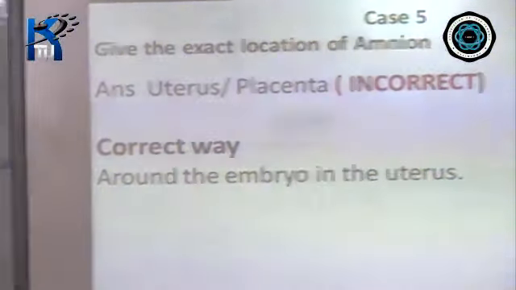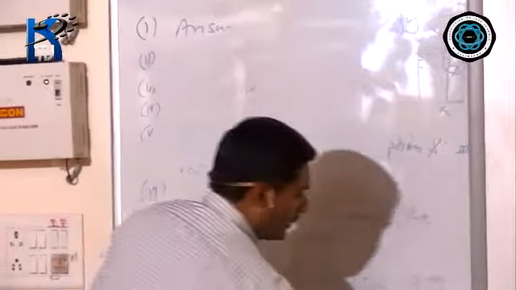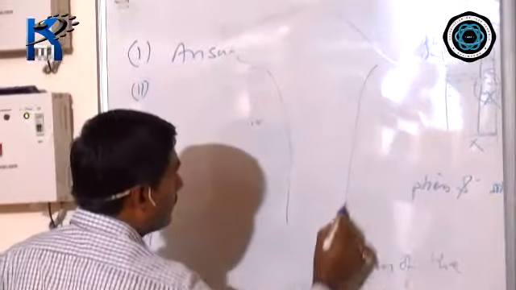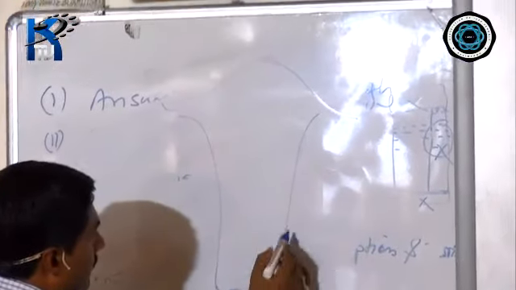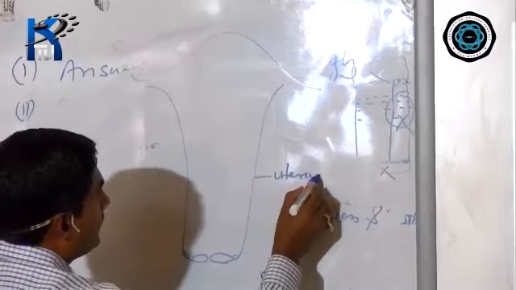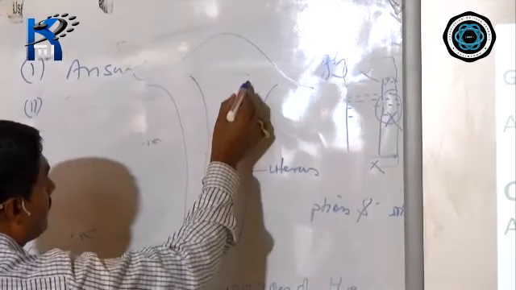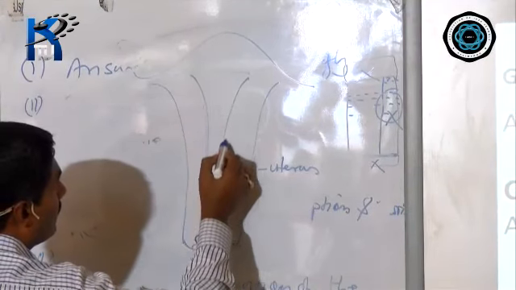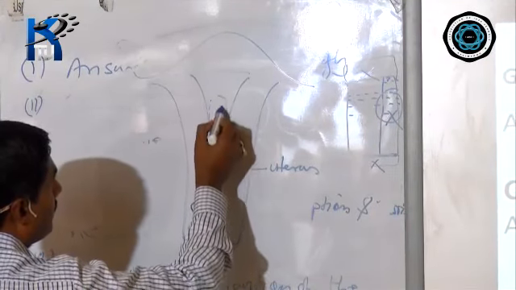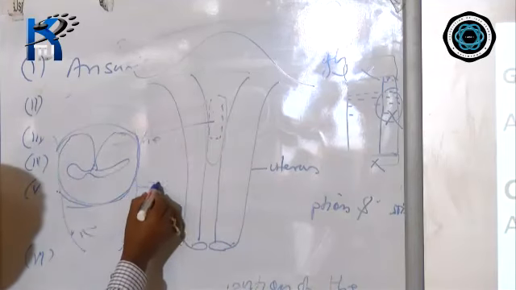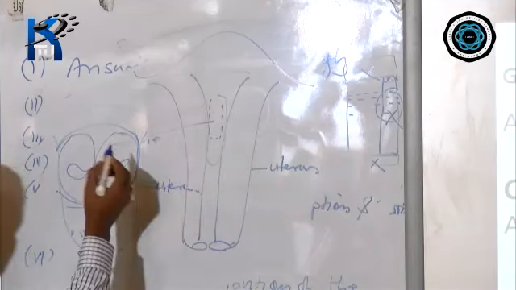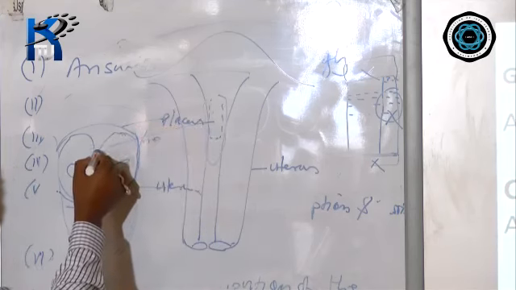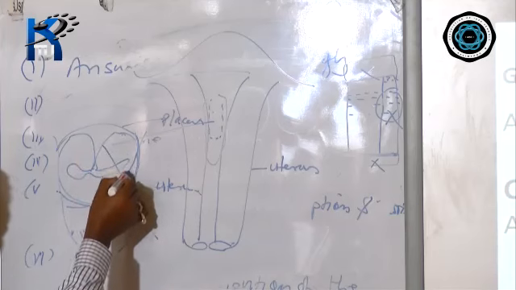Take for instance a structure like this. This is the uterus, endometrium. Now inside here, this part, this one is the uterus. Placenta, this internal part.